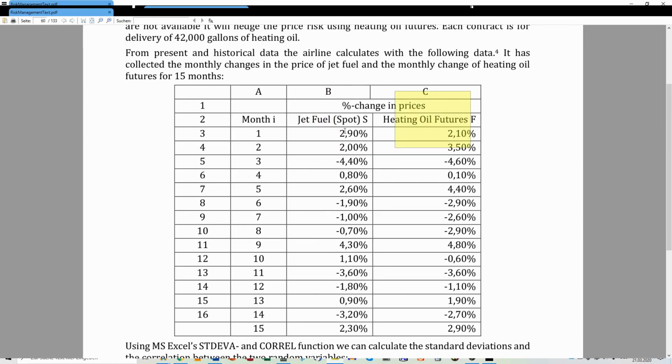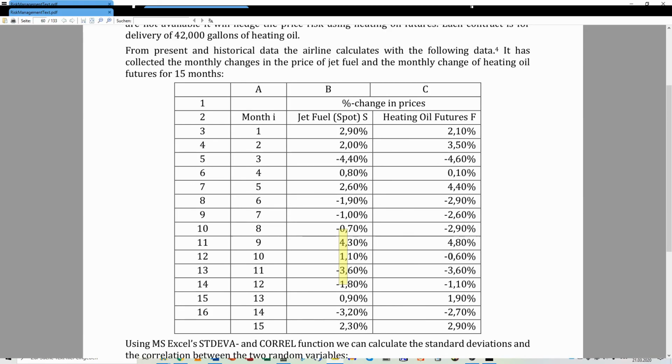And as you can see, in month 1 both go up, month 2 both go up, month 3 both go down, and so on. It seems that only in month 10 the price for jet fuel goes up when the price for heating oil futures goes down. So that is 1 month where they don't go in the same direction.